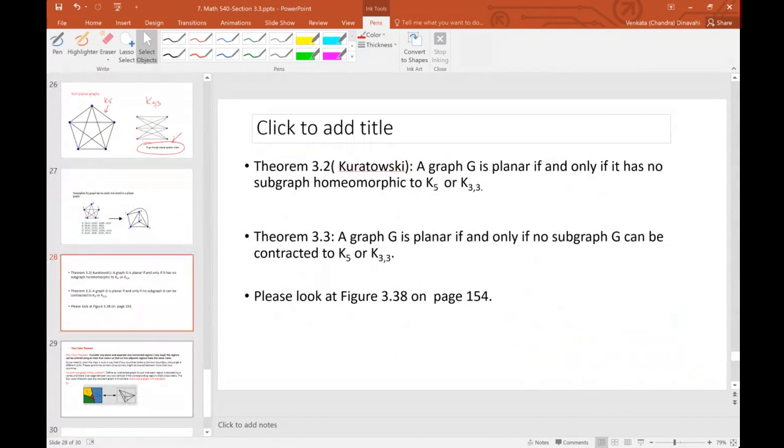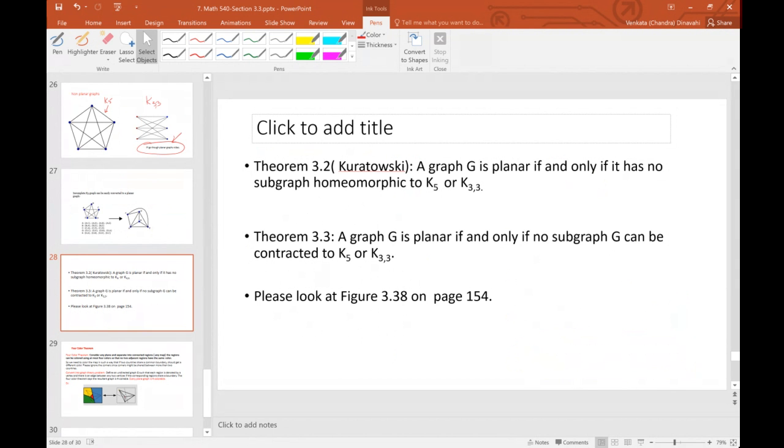That is by Kuratowski. What he tells is this. A graph is planar if and only if it has no subgraph homeomorphic to K5 or K3,3. That means there is no graph hiding inside which I can convert to K5 or K3,3. It might not be K5 or K3,3, but there is something lying inside. By subdividing it, that becomes K5 or K3,3.